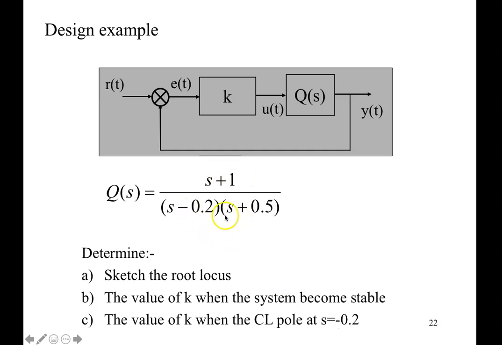Okay, now if you look at the open loop, I have a zero at minus 1. I have a positive pole at 0.2, which means the system is unstable. I have a negative pole at minus 0.5.